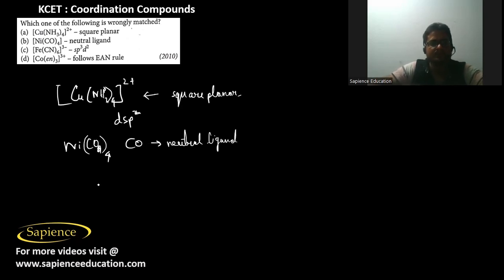And in case of [Fe(CN)6]3-, here iron is in 3 plus oxidation state, since cyanide has minus 1 oxidation state. Minus 1 is the charge of CN.